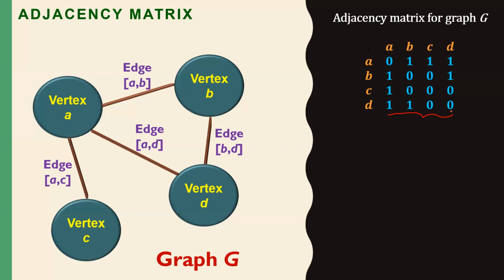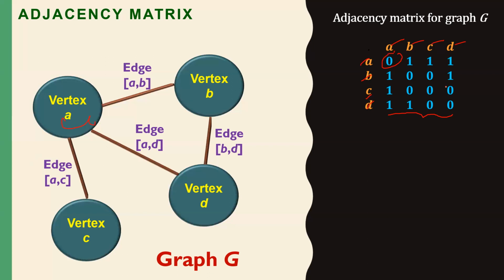That's why we can label them vertex A, B, C, and D, for the columns and the rows. Now, if you look at the graph, there is no edge joining vertex A to itself, right? So that's why here we get a 0, okay?